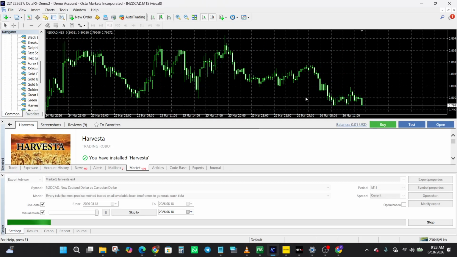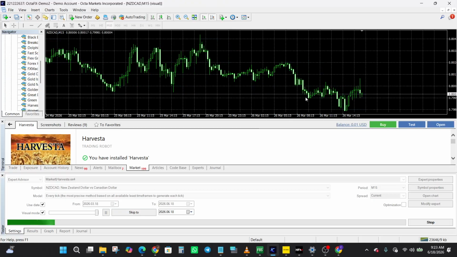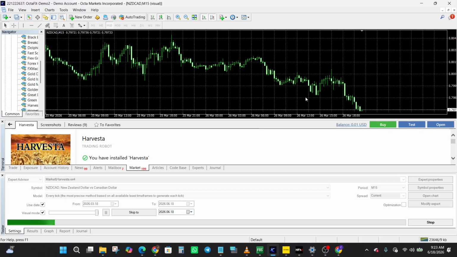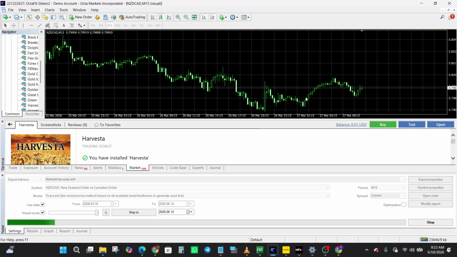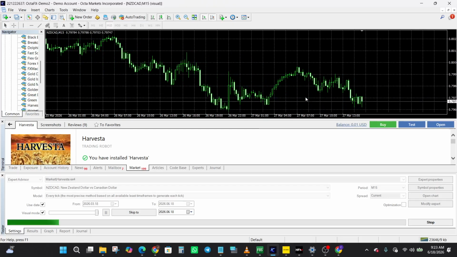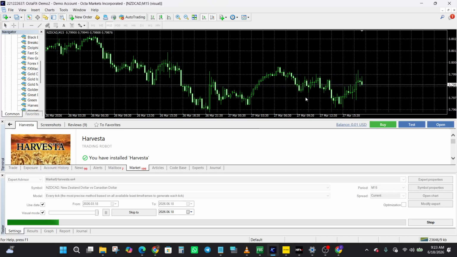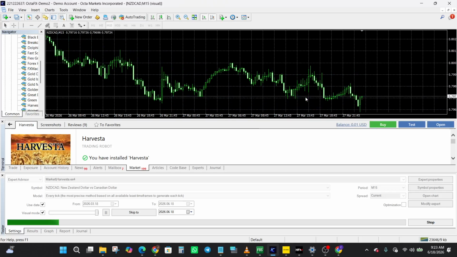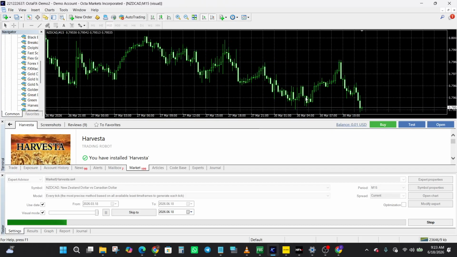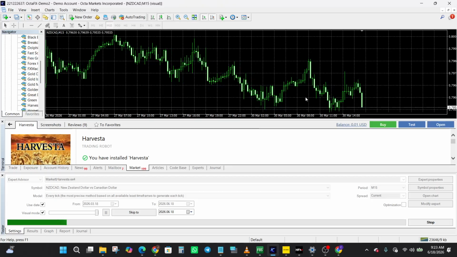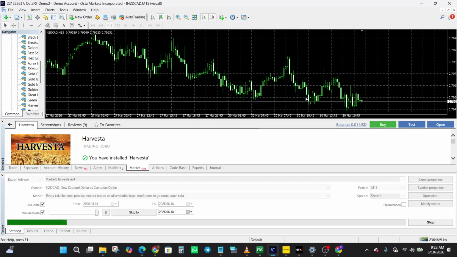Before using it live, I would strongly suggest thorough forward testing and optimization to understand how it behaves under your specific trading conditions and risk preferences. And when back testing, I would also recommend you test it over a longer period of time, maybe 2 years, 3 years, or even more, so that you can capture a wider range of market conditions.